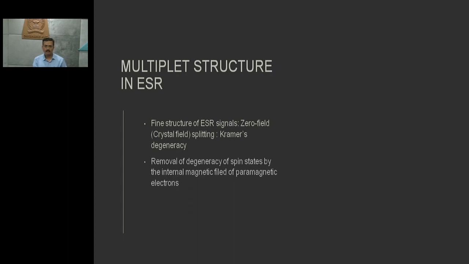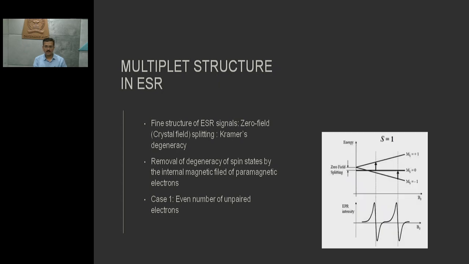When we go for the fine structure of the ESR signals, there is zero field splitting, which we call Kramers degeneracy. So what do we mean by Kramers degeneracy? It is observed as zero field splitting because the electron has its own magnetic moment.